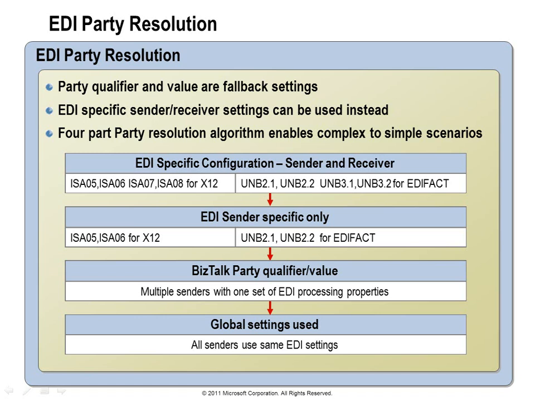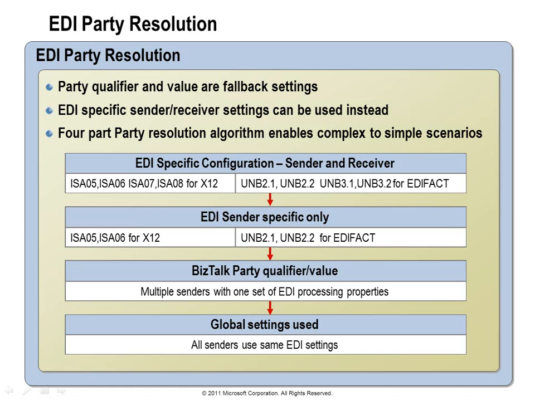So you can see here the setup that EDI uses to try and resolve that information. So it's going to try and look at, for those different exchanges, either the ISA segments or the UNB 2 and 3 segments here, to go and look at that sender and receiver information.